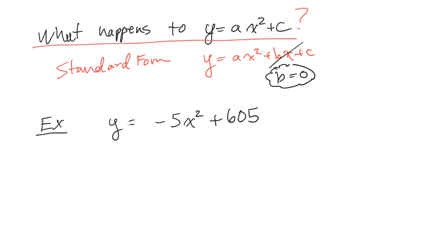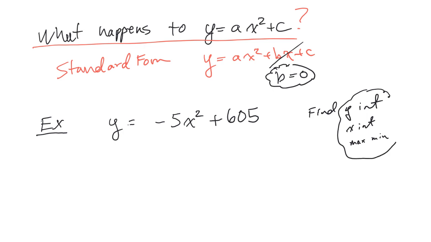So here is the thing. Let's say that I ask you to find the y-intercept, and I want you to find the x-intercepts. And I want you to tell me if there's a max or a min.